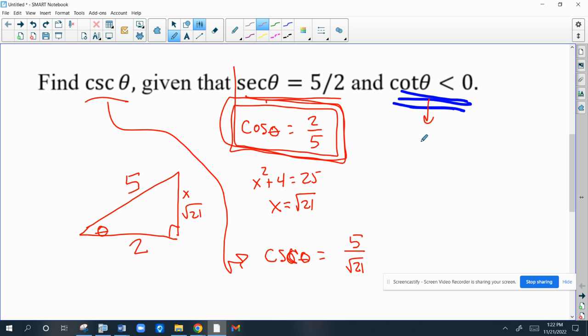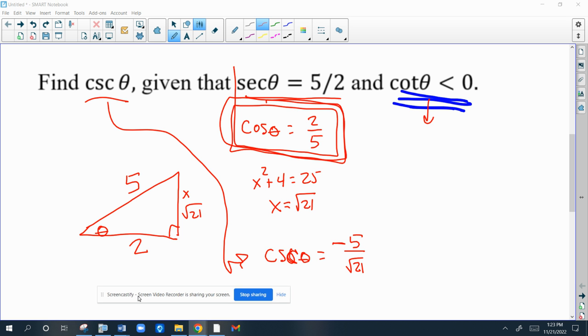Therefore, only cosine is positive, and its reciprocal is secant. Your answer is cosecant, which has the same sign as sine. So since cosine's positive and tangent's negative, sine must be negative, and therefore cosecant's negative.